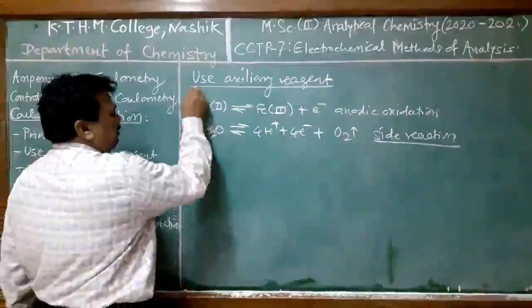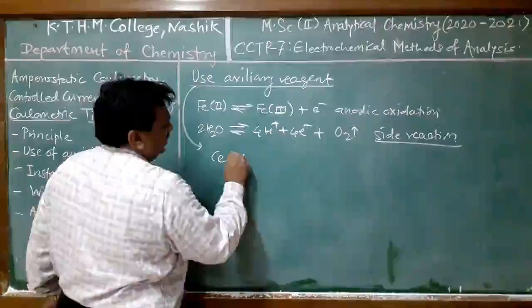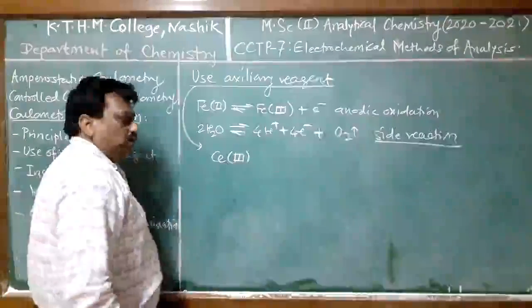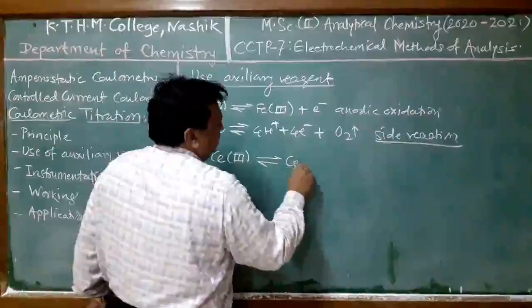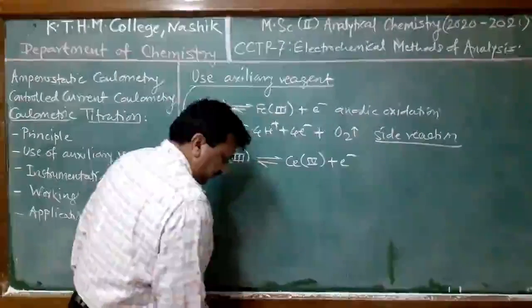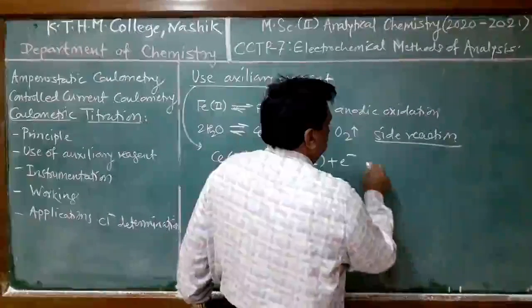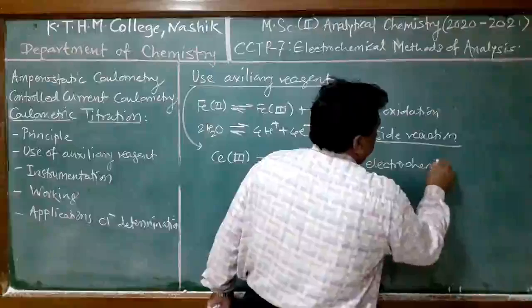Suppose for example we add excess of cerium 3+ ion along with Fe2+ ion, and we electrolytically oxidize this cerium 3+ to cerium 4+ by electrochemical oxidation.